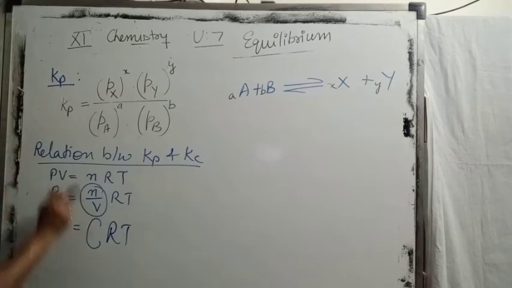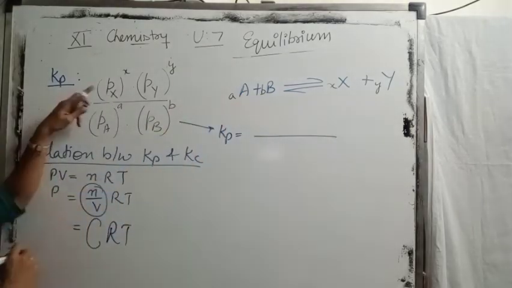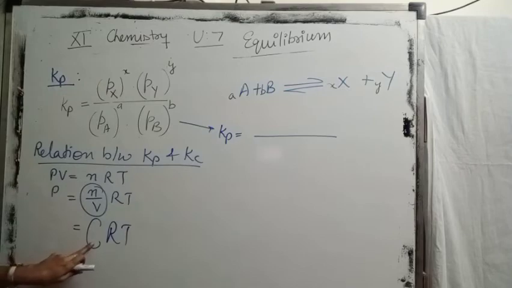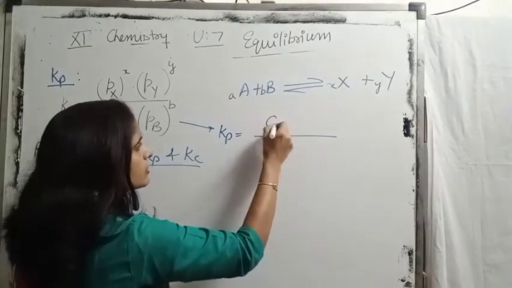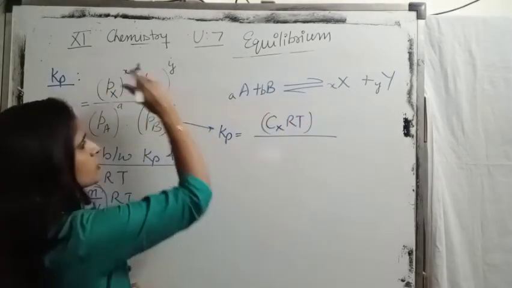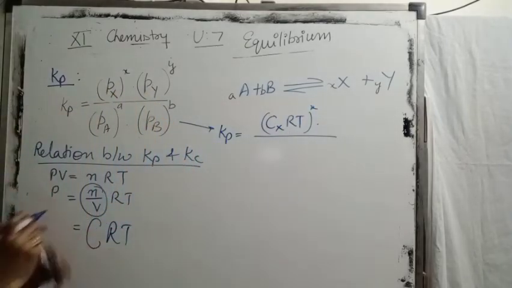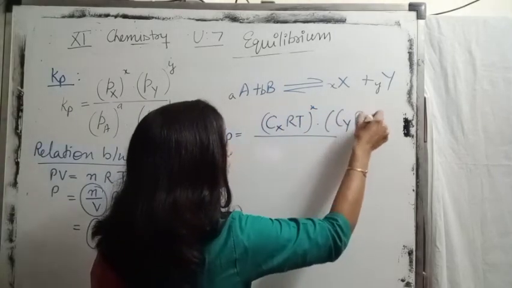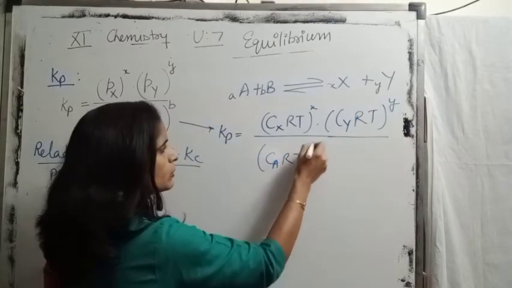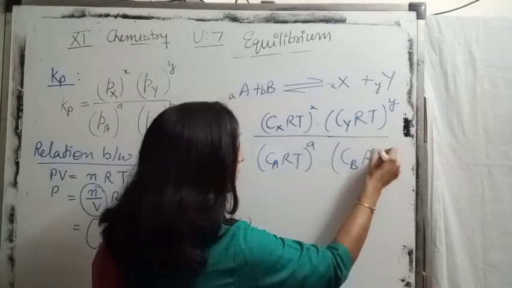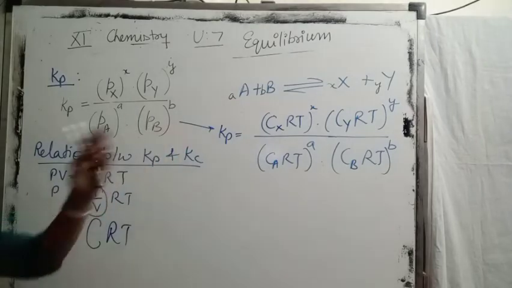Because we know P equals CRT, Kp can be written as: this is pressure of X, so we may write concentration of X into RT raised to the power X, multiplied by, in place of Py, concentration of Y into RT raised to the power Y, divided by concentration of A into RT raised to the power A, concentration of B into RT raised to the power B. Further solve this, take RT common.